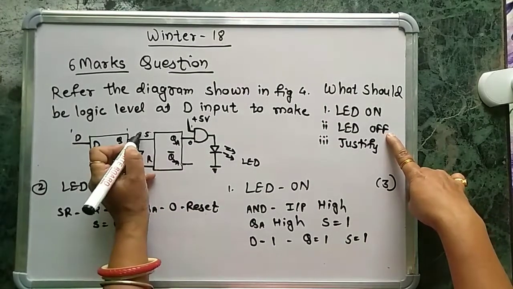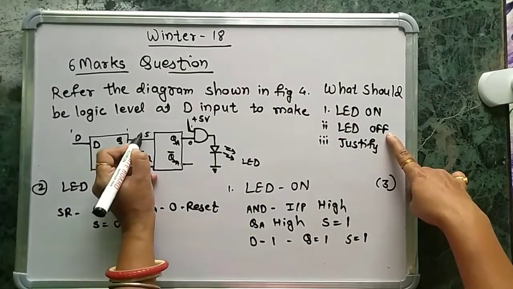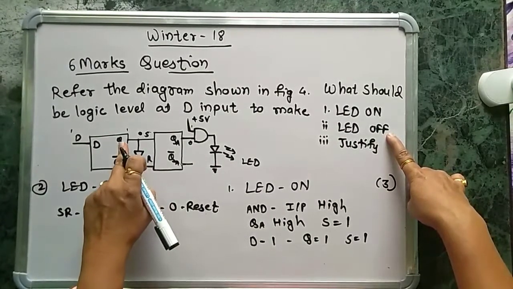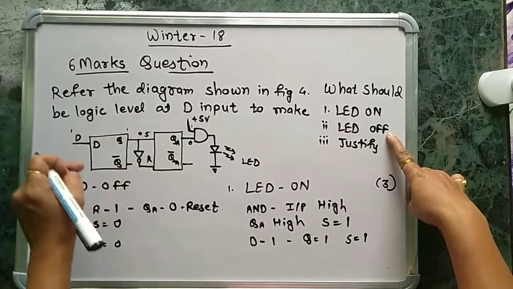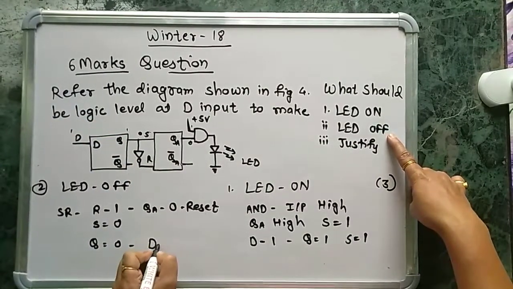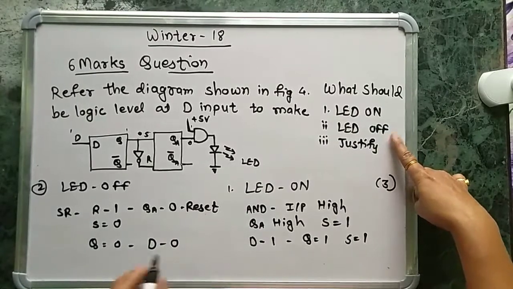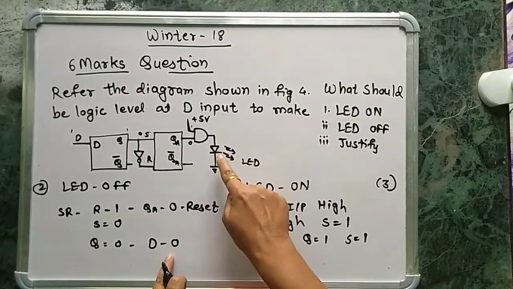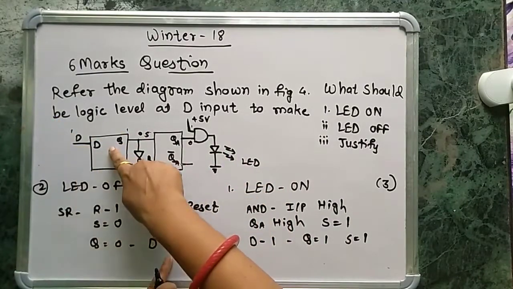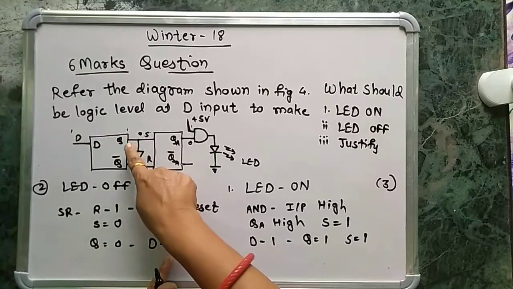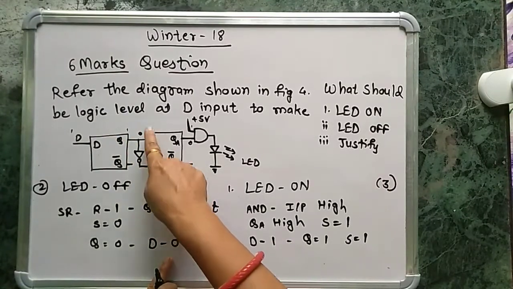Now if S should be 0, Q should be 0, isn't it? And this is the D flip-flop. When will this Q be 0? When the data input is 0. So in order for the LED to be off, if the D input is 0, its Q output is 0, which is the S input.